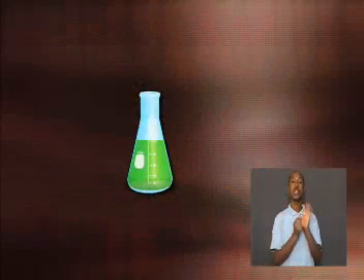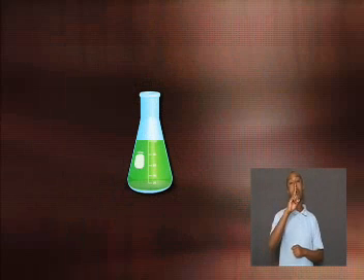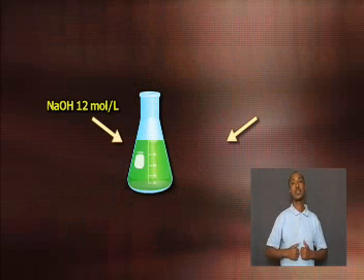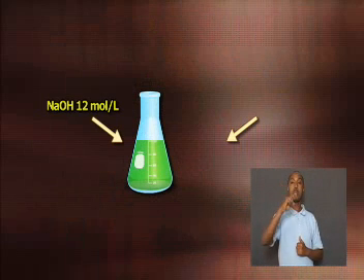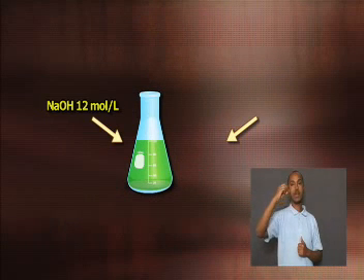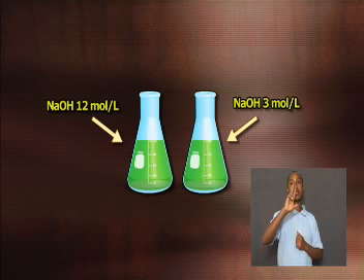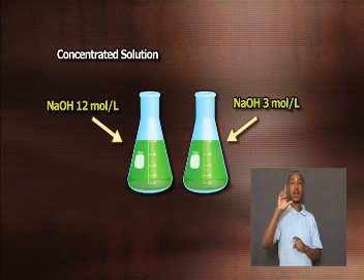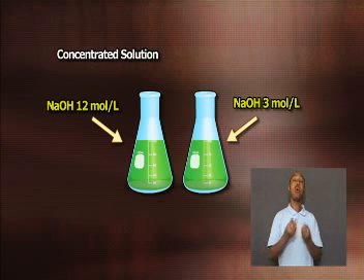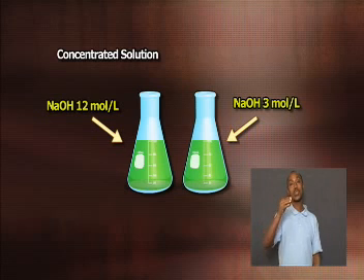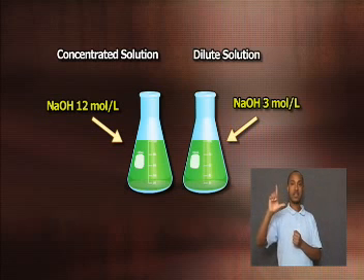For example, if one solution has 12 moles of sodium hydroxide per liter, and another solution has only 3 moles of it per liter, the solution that contains 12 moles per liter is more concentrated. The solution with 3 moles of sodium hydroxide per liter is more dilute.